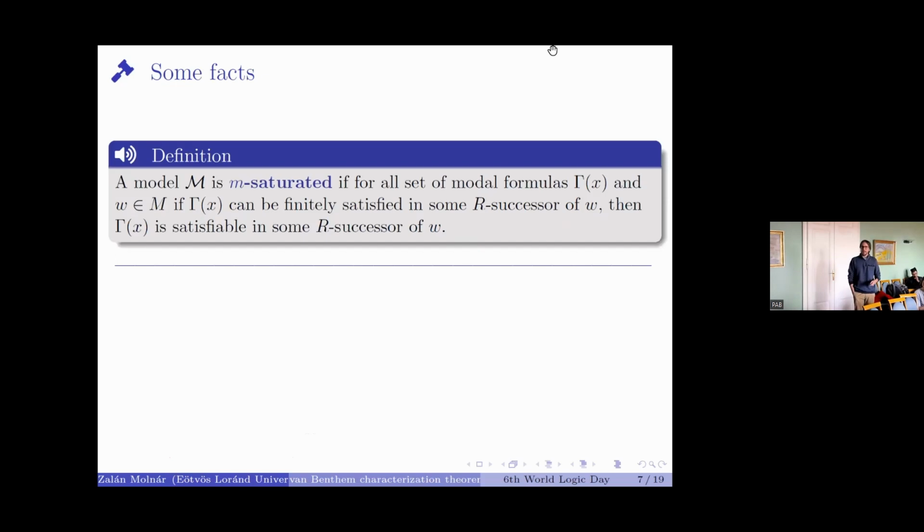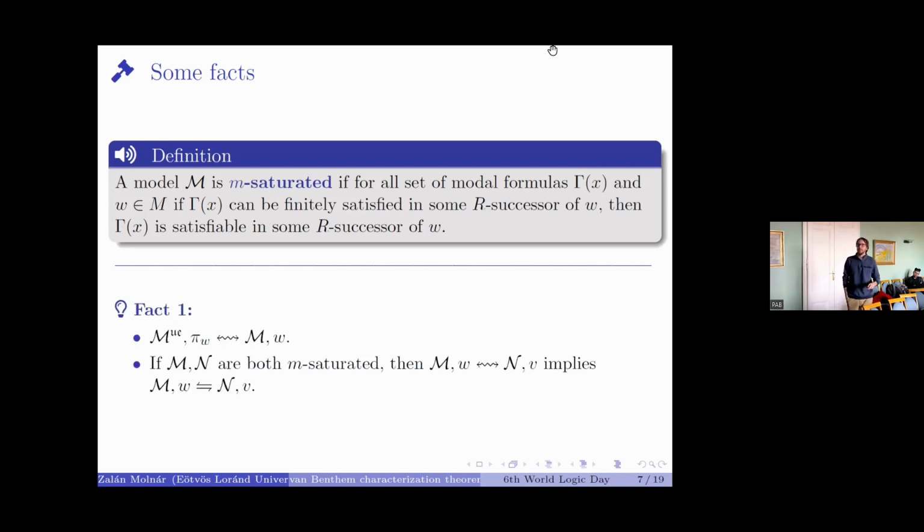And there are some facts, and before the facts, let me mention this very important definition, the modal saturation, which is akin to the standard saturation for first order logic, namely that the model M is modally saturated if for every set of modal formulas gamma and an element W from that model, if gamma can be finitely satisfied in some successor of W, then I will be able to find a successor of W in which the whole set gamma is satisfied.